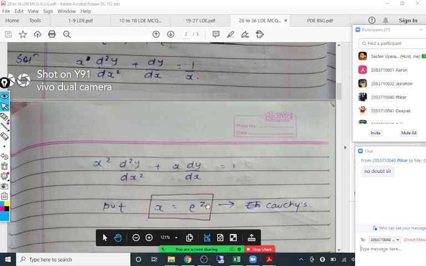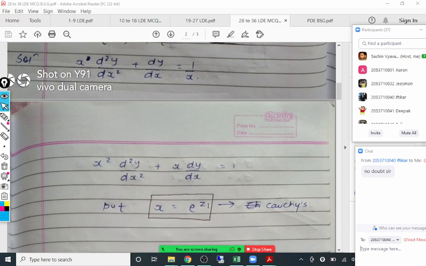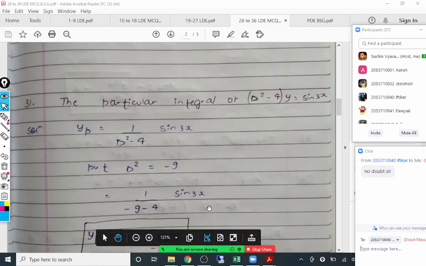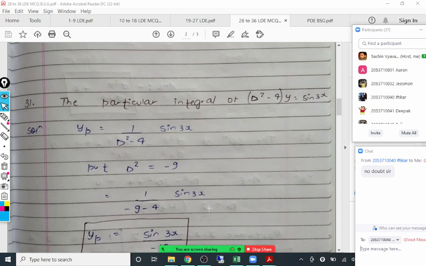So either you put x as e raised to z if the option is available, or if it's written in variable t, then x is e raised to t. You can put x as e raised to z, e raised to t, or e raised to q; any variable you can select if the choice is given. But if some variable is given in the option, you have to select that only.